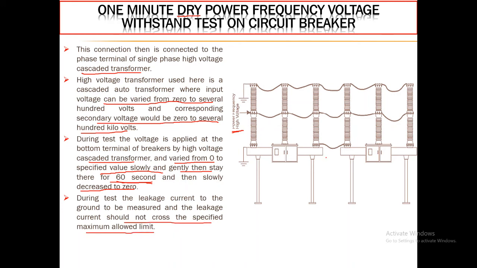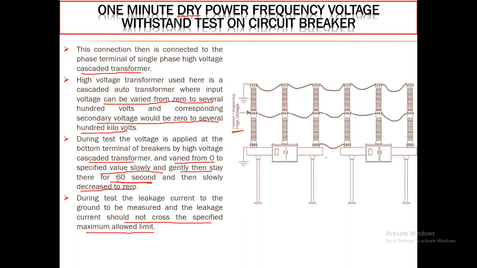If a flashover is taking place over the surface, one can visualize it, but if there is a malfunction happening inside the dielectric material, then one way to analyze the fault in the insulation is to measure the leakage current.